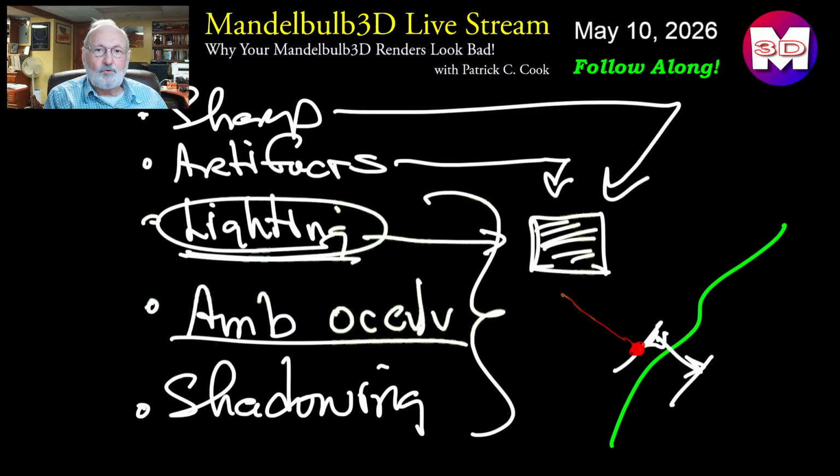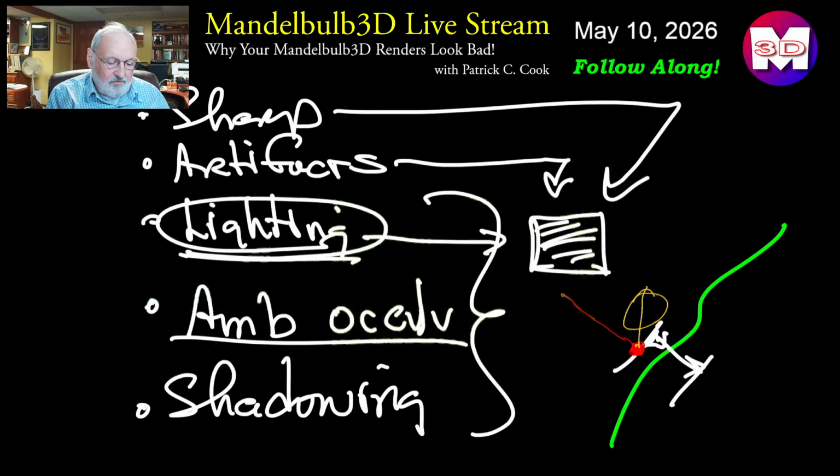You're not going to get a good normal. You're going to get something else, because it doesn't really know where the surface is. It stopped looking here, but your surface is here. Okay, so it doesn't really know where the surface is. So the normal calculation is thrown off.